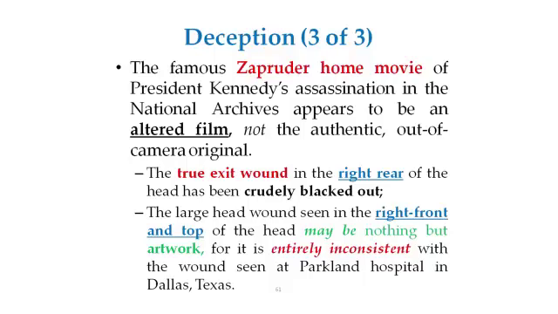Now, we've been discussing the wound seen at Parkland Hospital, and in fact, the wound seen right after President Kennedy arrived at Bethesda by many people. And none of those people described any damage to the top of the head or to the right side of the head, forward of the right ear. And yet in the Zapruder film, that's the only damage you see.